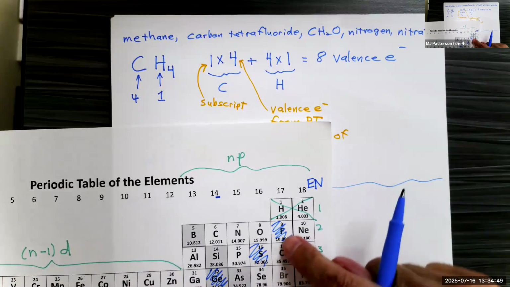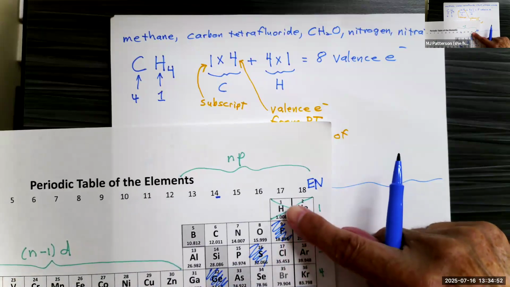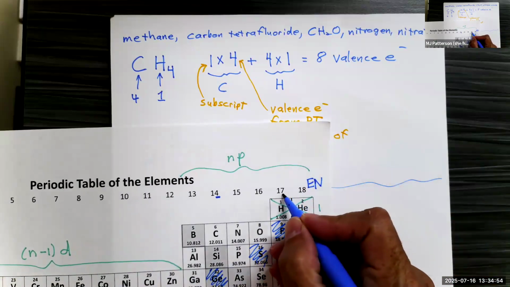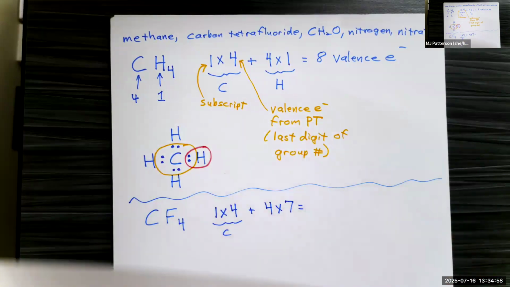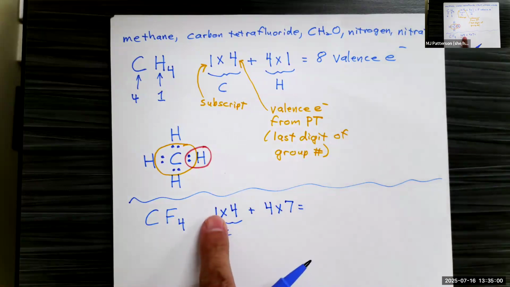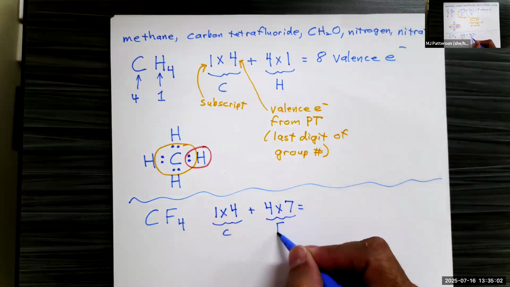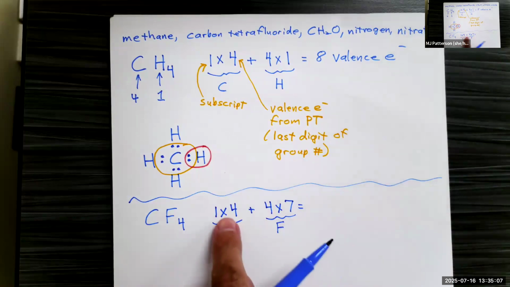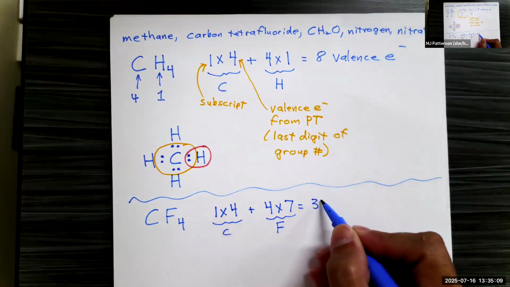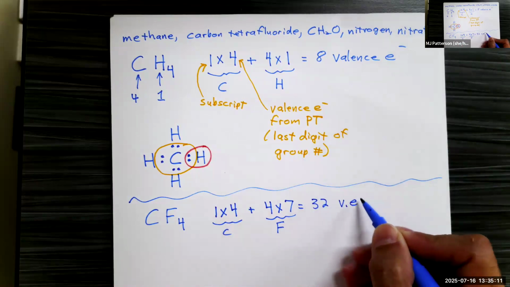And fluorine is in group number 17, so it has 7 valence electrons. So we've got 1 times 4 plus 4 times 7. That's 4 plus 28. That's going to be 32 valence electrons.